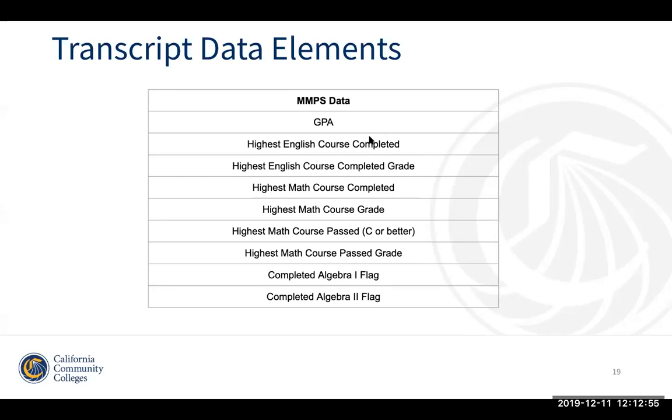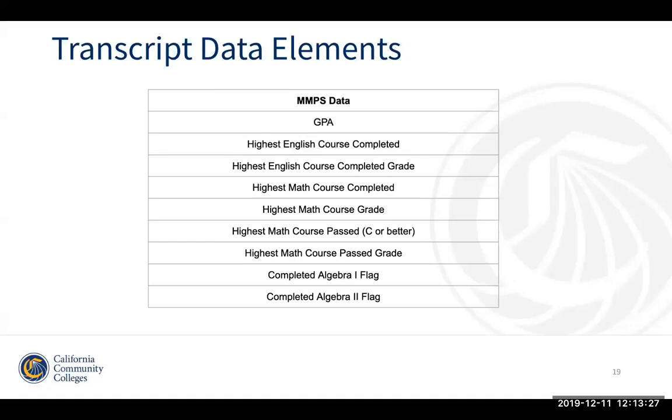As I mentioned before, from a transcript perspective, this is the information that we're providing that is currently off of the transcript that's part of the MMPS data dictionary. We're in the process of evaluating and entertaining requests from colleges that may be looking at additional data elements that would be beneficial, or other data elements that are being used in their local tools.